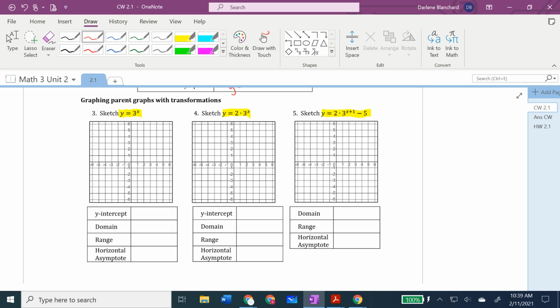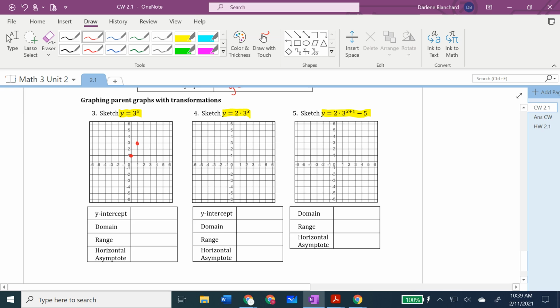So if I ask you to graph a parent exponential growth 3 to the power of x, you can plot that the y-intercept is 1. And what point did I tell you to always plot? When x is equal to 1, the y-coordinate is the base. So you're going to plot the point 1, 3.